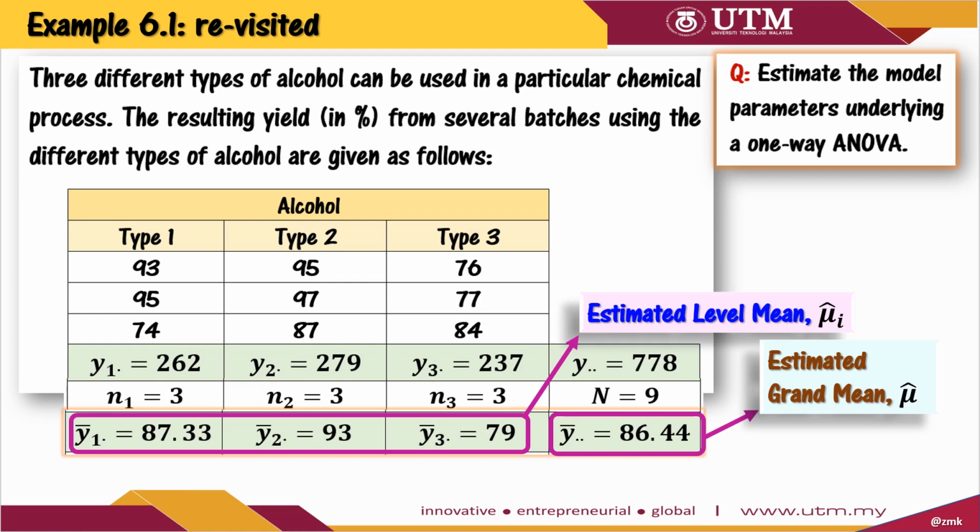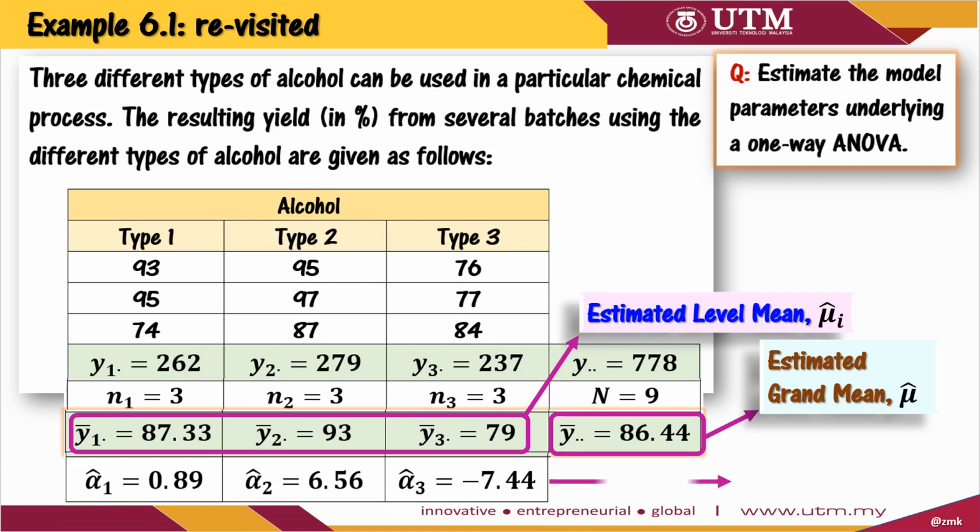Another 3 parameters to be estimated are the level effects, denoted by alpha i. Taking the difference between the ith estimated level mean and the estimated grand mean, you will obtain the following values, which are the ith estimated level effects denoted by alpha hat i.